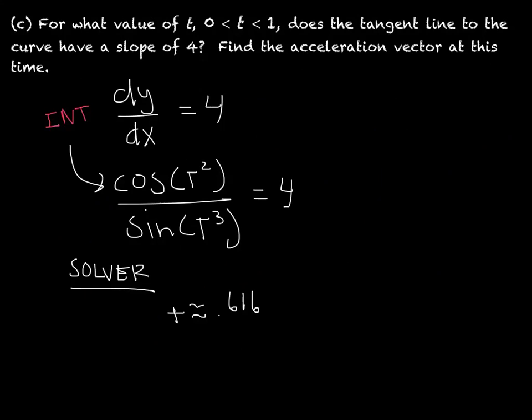And that's what you want to do. You want to take the derivative of the velocity function to get the acceleration vector, and you will get an acceleration vector of 1.109 and negative 0.46 when you plug in t equals 0.616.